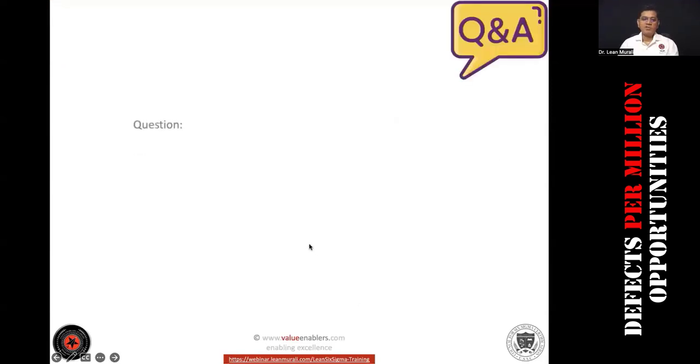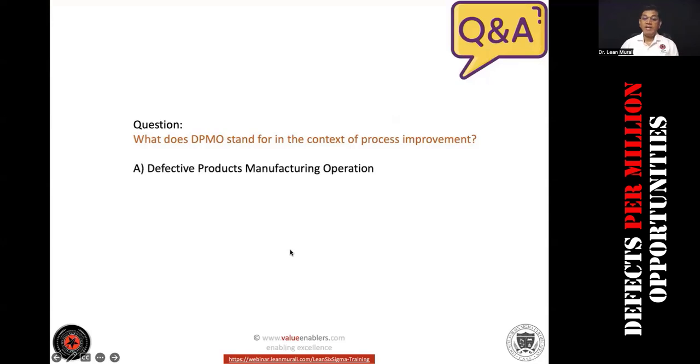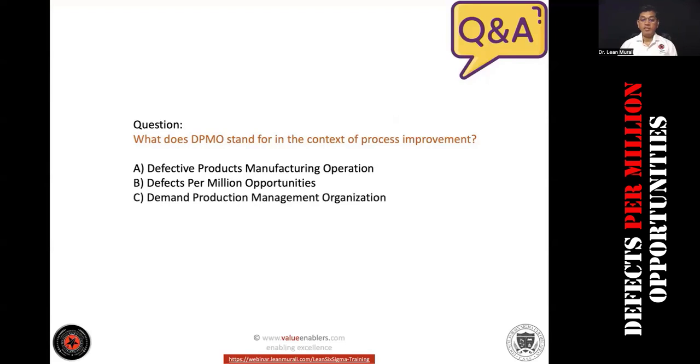Now the question and answer here is, what does DPMO stand for in the context of process improvement? Defective products manufacturing operation, defects per million opportunities, demand production management organization, delays and problem mitigation process. Very simple answer, right? Of course, all of you will give the correct answer.